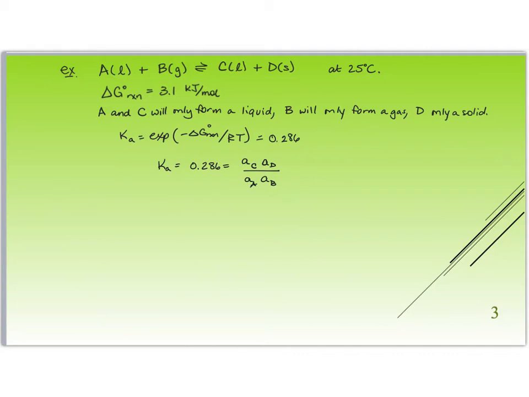Now, if I don't make any assumptions about the pressure, just simply looking at what type of material these are, this says that 0.286 is equal to the activity of C, which is a liquid, so it's x of C, meaning liquid phase composition, times an activity coefficient times an exponential term.